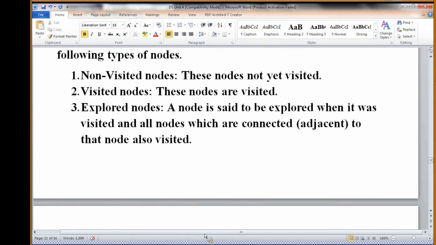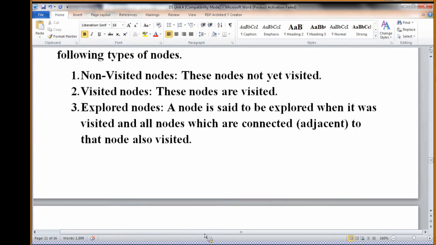Visited nodes means that a particular node is visited. Non-visited means a particular node is not yet visited. Explored nodes means that all the adjacent nodes to the particular node are visited, then we call it an explored node.